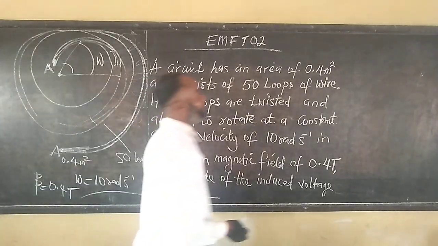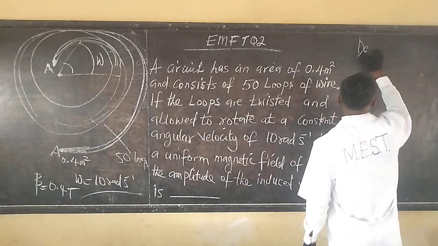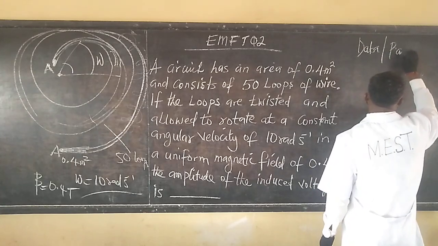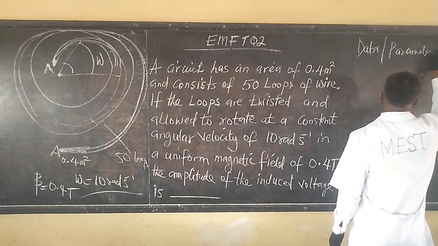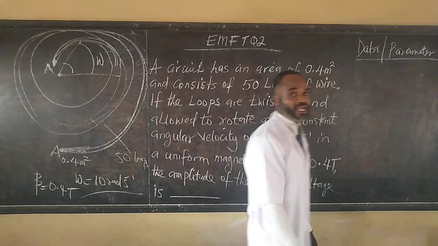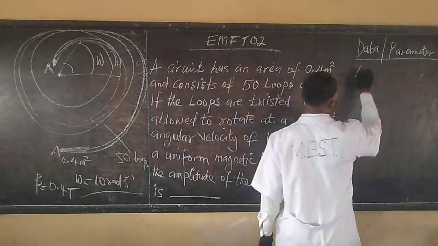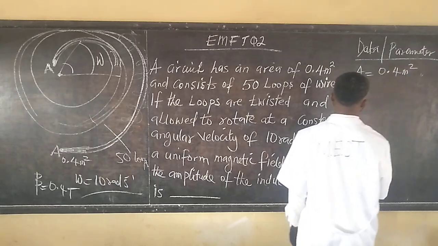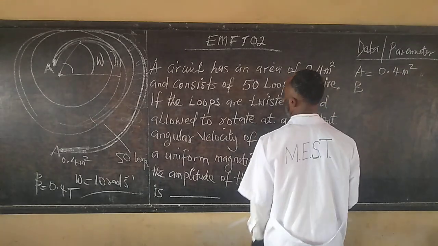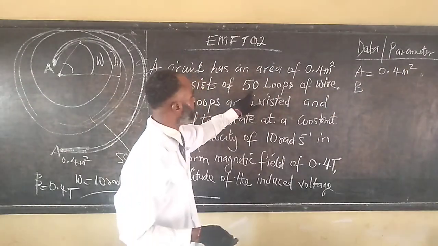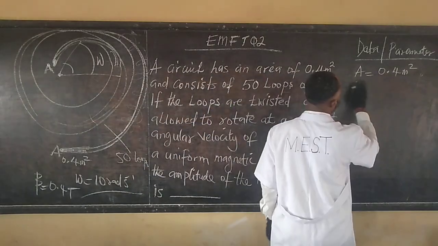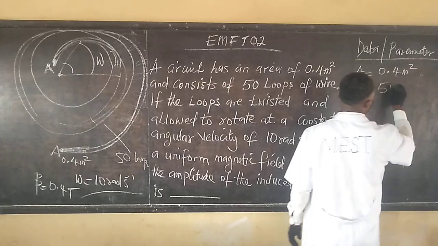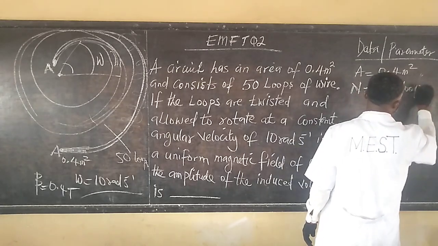So let's bring out all these things as our data, our parameters. The first one is A, which is 0.4 meters squared. The second one is number of coils or turns, N equal to 50 loops.